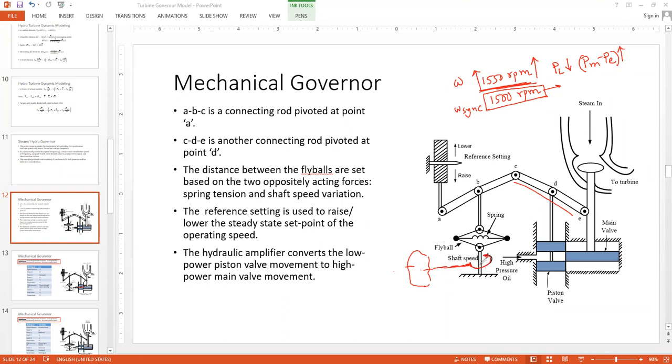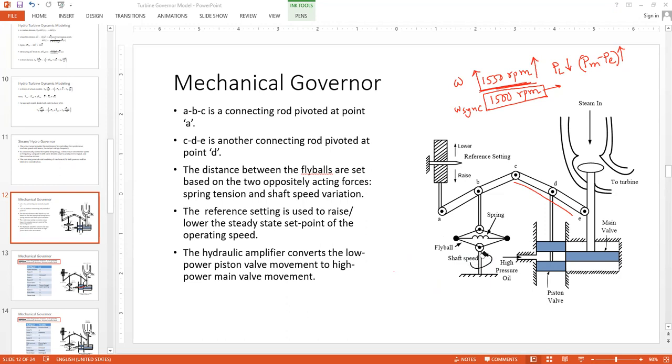So once this shaft runs at a higher speed, what will happen here? The spring will expand. The fly balls will move apart because of the higher rotation.